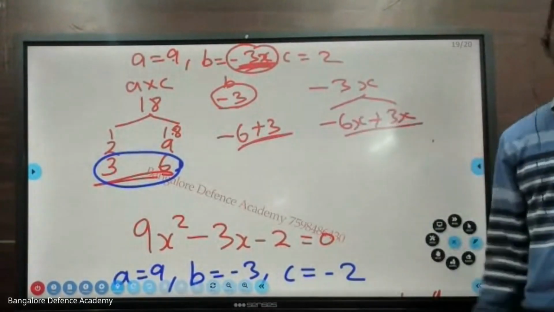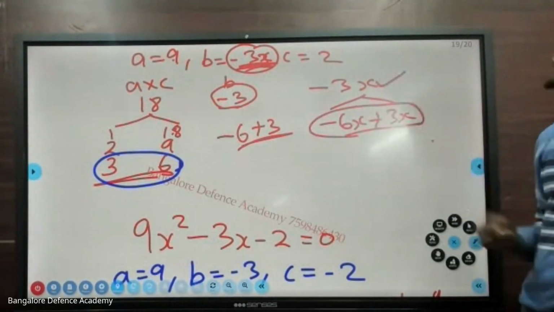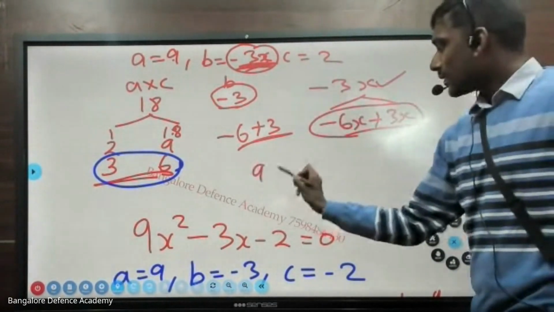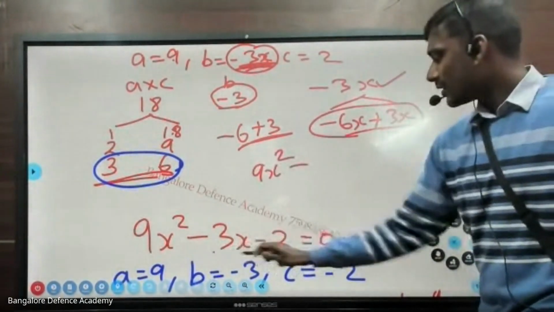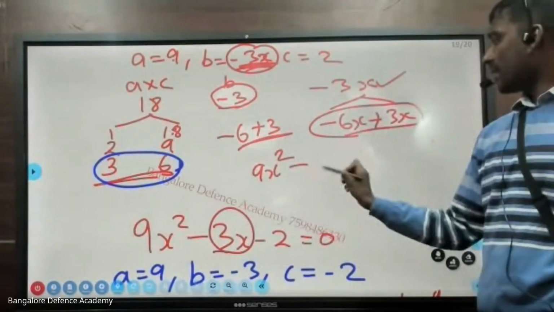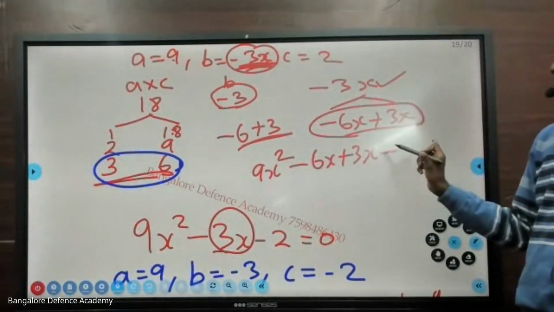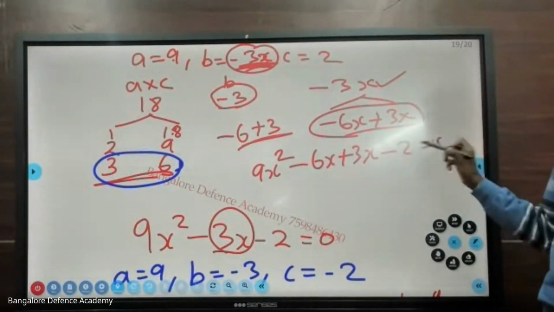Do you all understand? This is what I'm going to use in place of 3x. Now the question is 9x square minus, instead of this 3x, what I'm going to write? This becomes 9x square minus 6x plus 3x minus 2 is equal to 0.